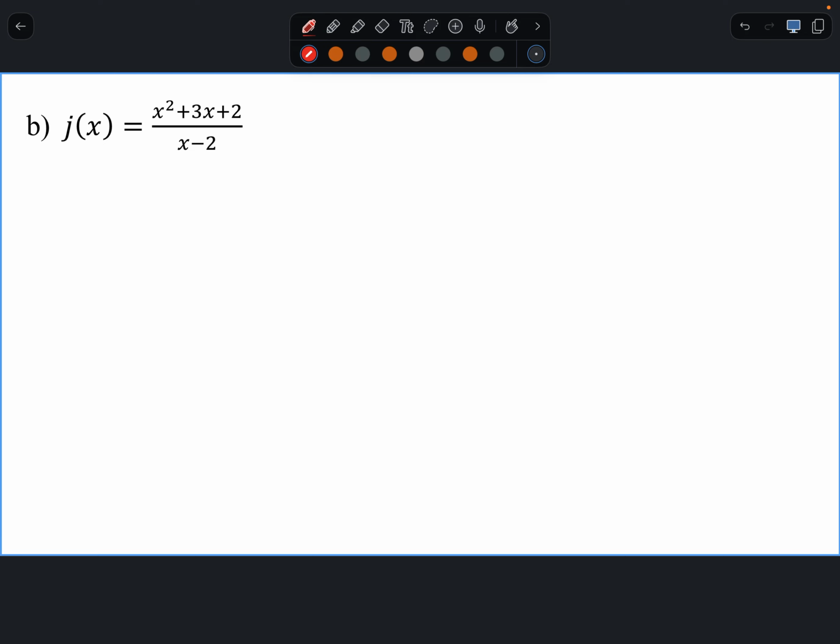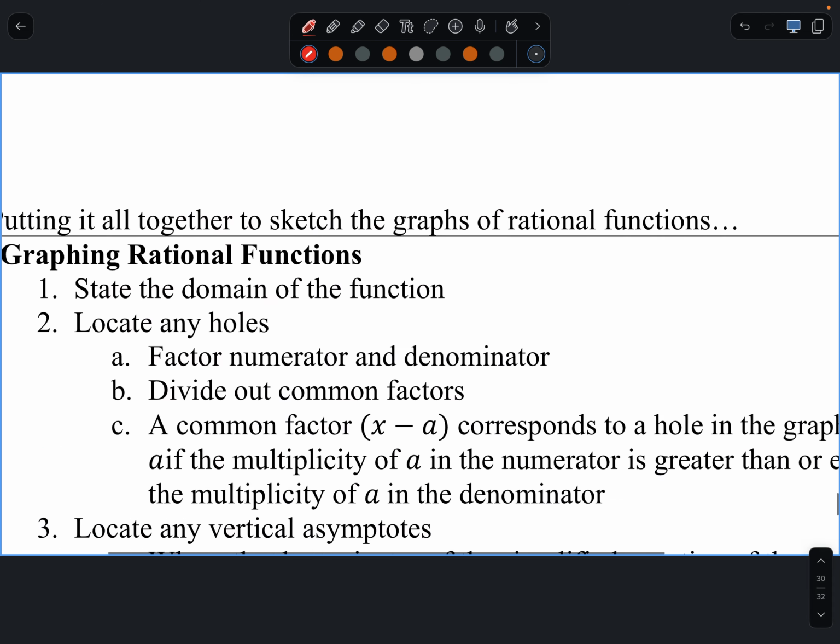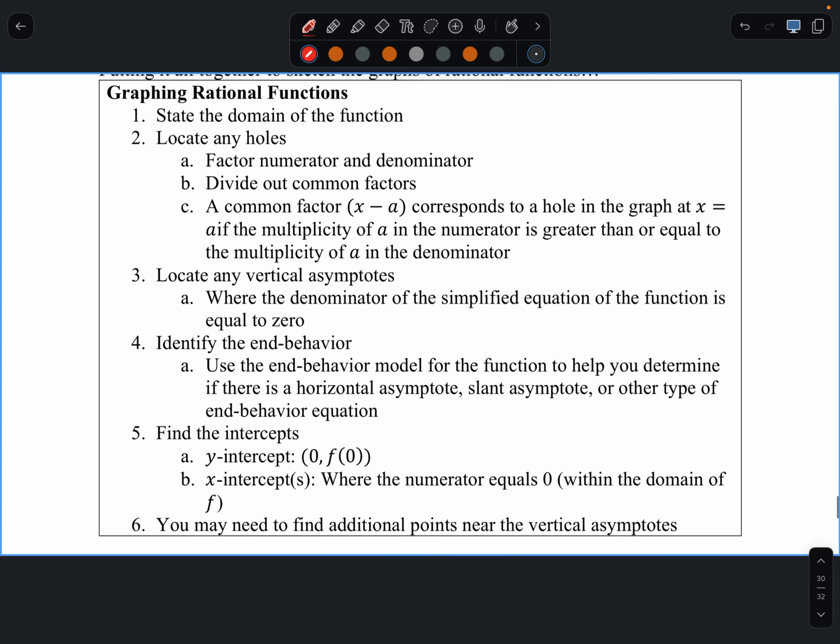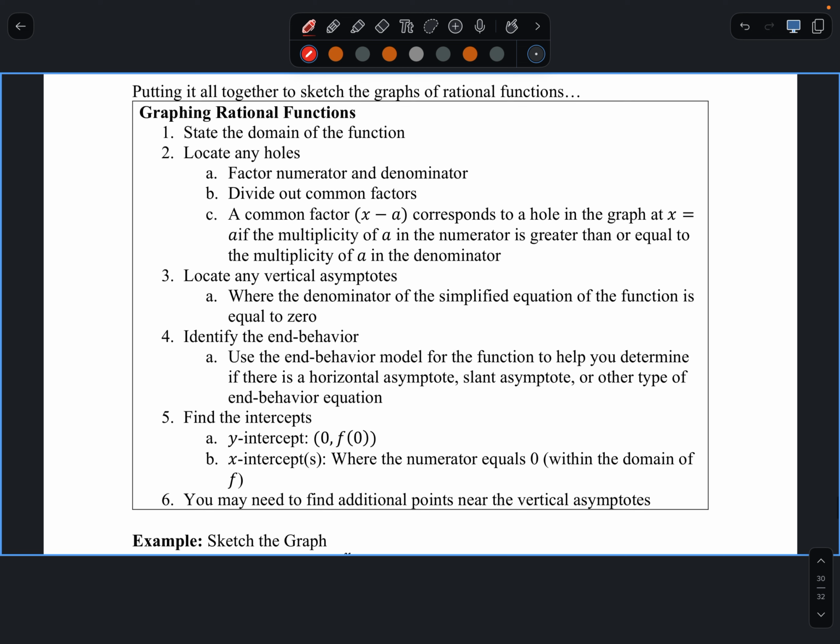Do I know which direction? We have to do the test values, right? How do we know 0, 0? Because you're thinking what would make the numerator equal to 0? Wherever the numerator is equal to 0 will correspond to making the function equal to 0, right? And if we plug in 0, we get 0 for the y-intercept.